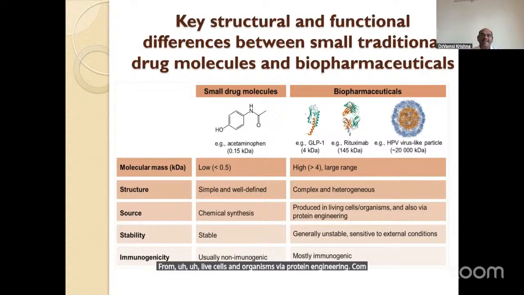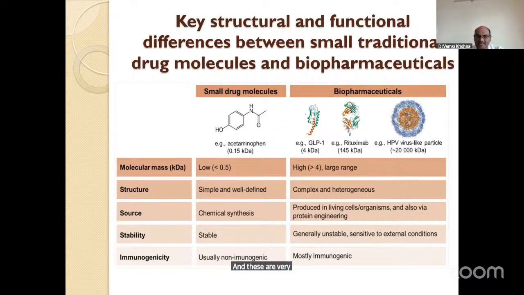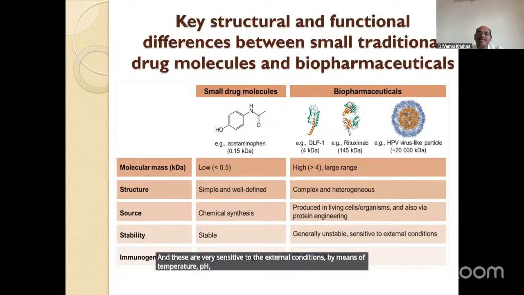Coming to the stability aspect, small drug molecules are very stable. Biopharmaceuticals are generally unstable and very sensitive to external conditions such as temperature, pH, and shear. Very small variations in the conditions alter their stability.